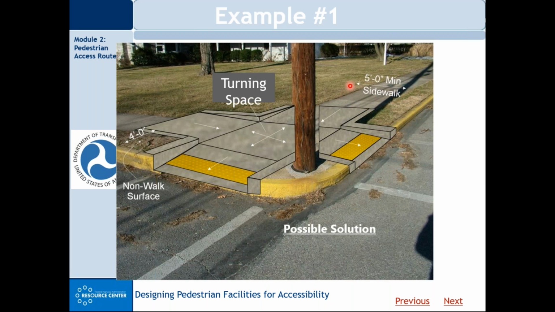Notice the sidewalk is 5 feet wide, so that's a good thing. So the sidewalk here is 5 feet. So we ramp, this is a kind of a combination ramp. We ramp the sidewalk down to a level turning space, 5 by 5, which serves both ramps. We do the same thing here.